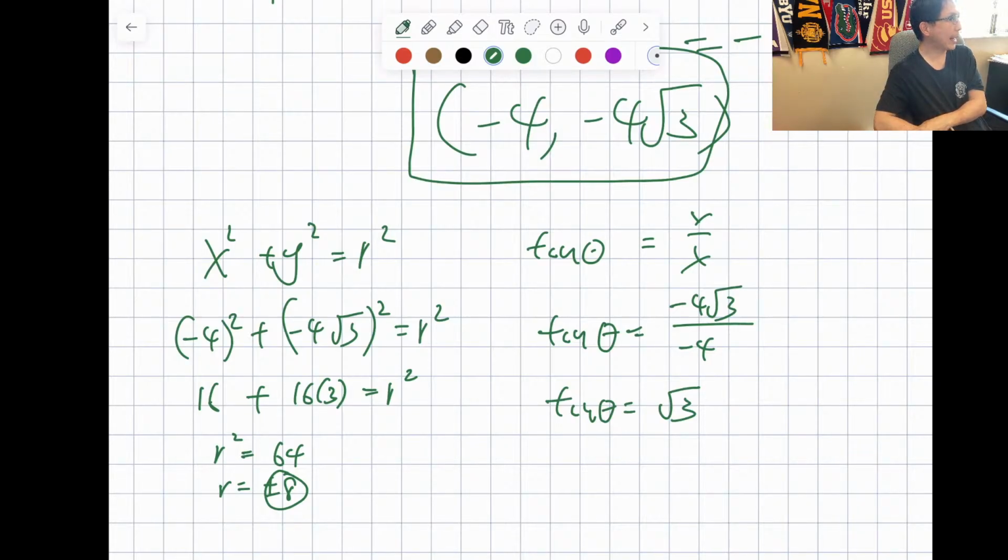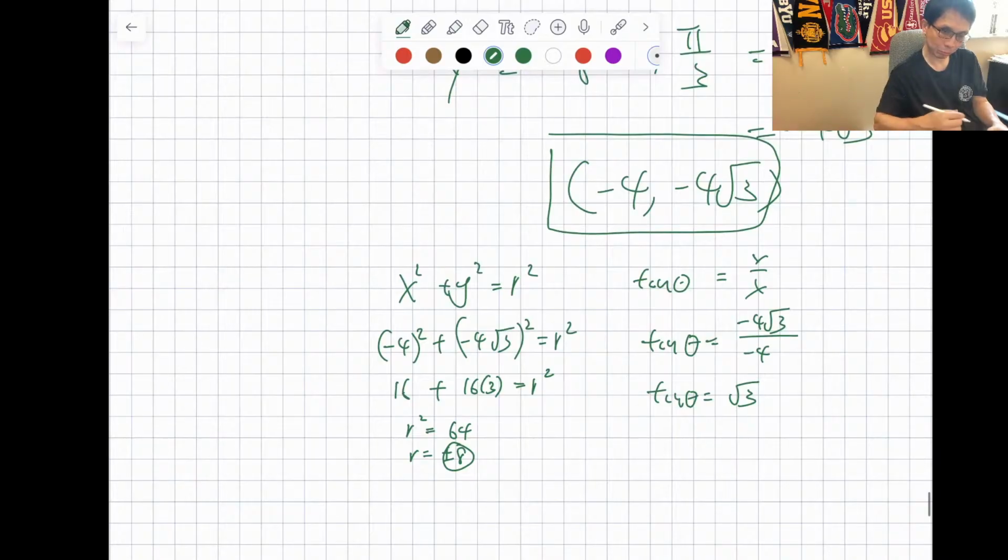When is the tangent of theta equal to root 3? π/3. Or where? Besides π/3, there's another situation that you can have: 4π/3. So you can choose either one.